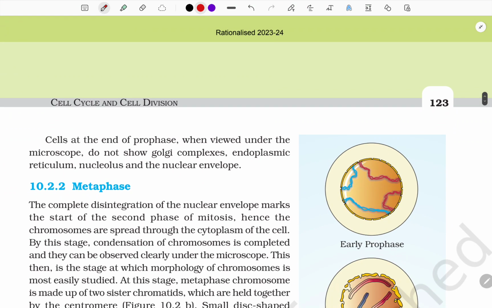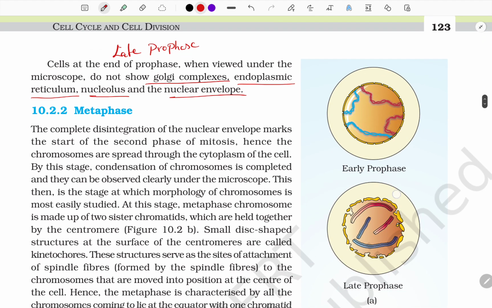The cell at the end of prophase, which means late prophase, when viewed under the microscope, does not show Golgi complexes, endoplasmic reticulum, nucleolus and nuclear envelope. So this is early prophase.